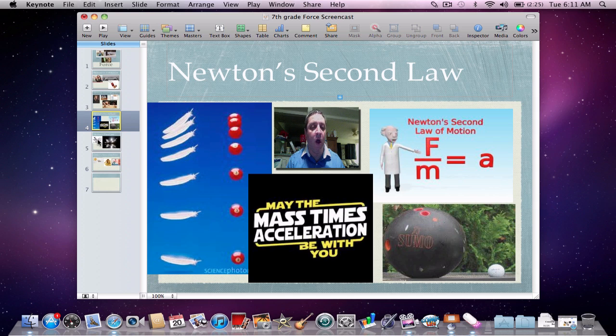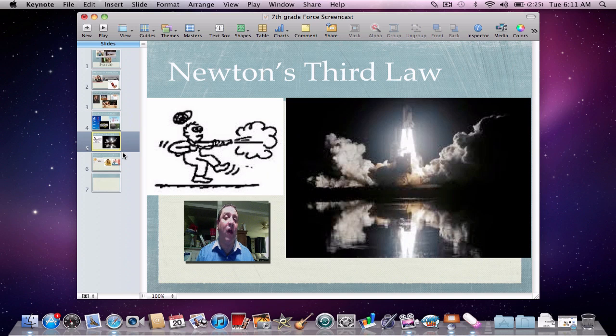Going on to Newton's third law. Newton's third law says for every action, there's an equal and opposite reaction. I had the pleasure of seeing a space shuttle launch in the past when I was vacationing in Florida. The action is all of this rocket fuel pushing down, burning, just tons and tons of it.